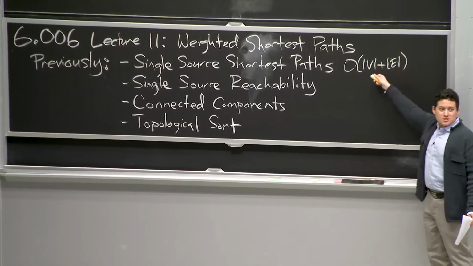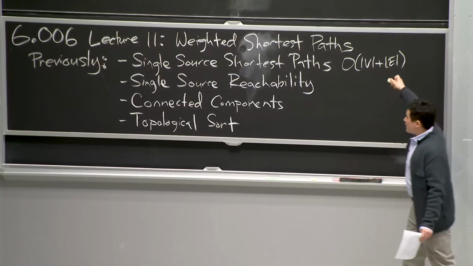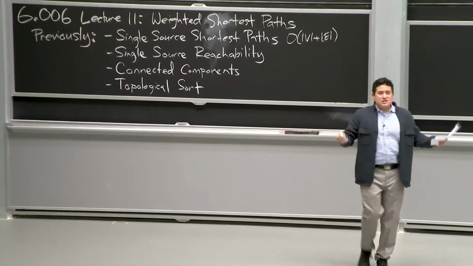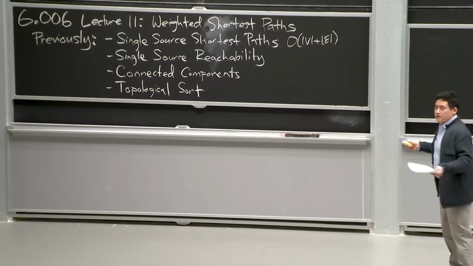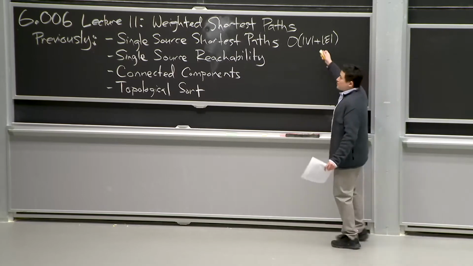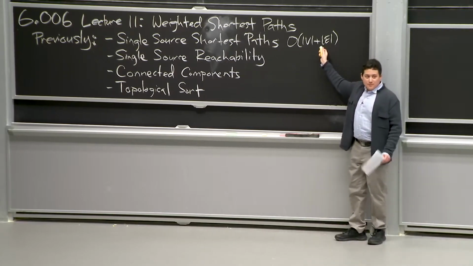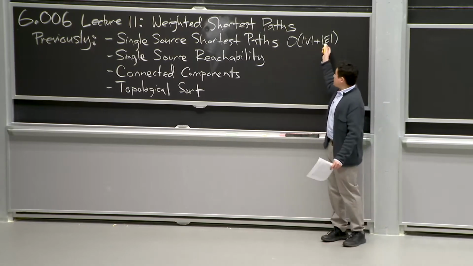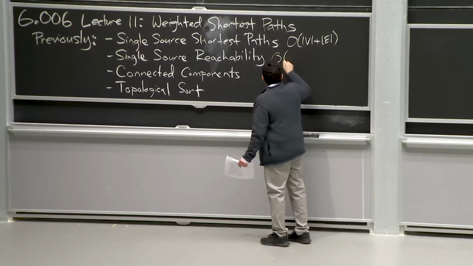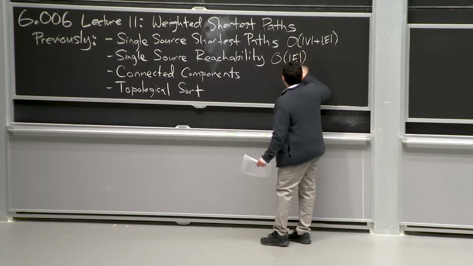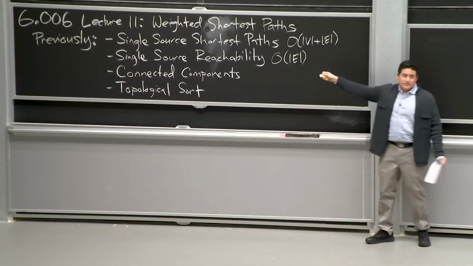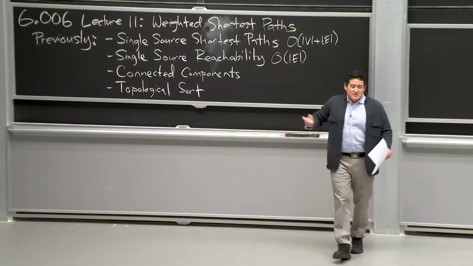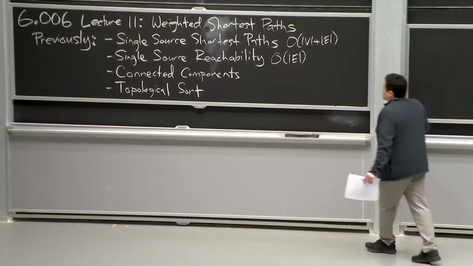But in the special case for single source reachability, when our output only has to list the vertices that are reachable from me, the number of things reachable in basically a spanning tree of the connected component of my source can almost be of order E. And so for all the little singleton vertices in my graph, I don't really care, right? So I can get this in order E, but that's kind of a little optimization.